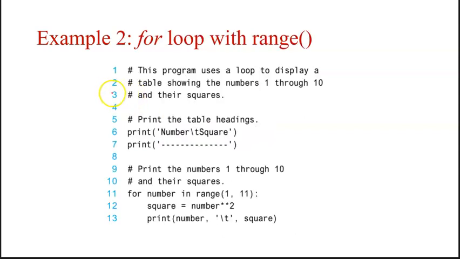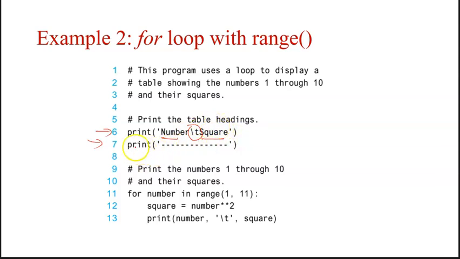Here's another example. In this example, you're printing out the number and its square. These are just print statements, so you're setting up a table. The \t is a tab, so it's going to print out a number, then a tab space, and then the word square.